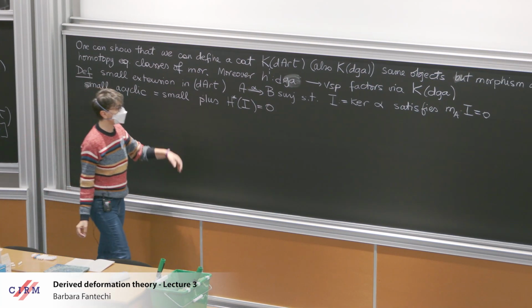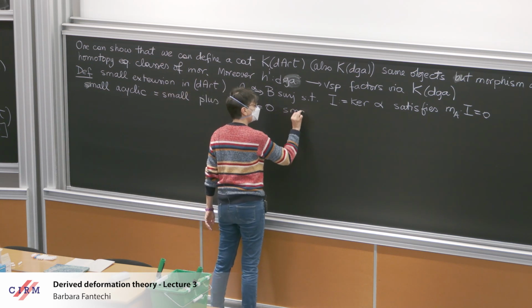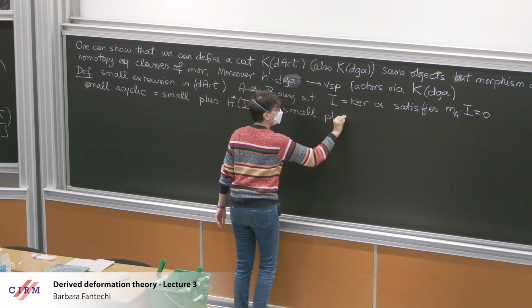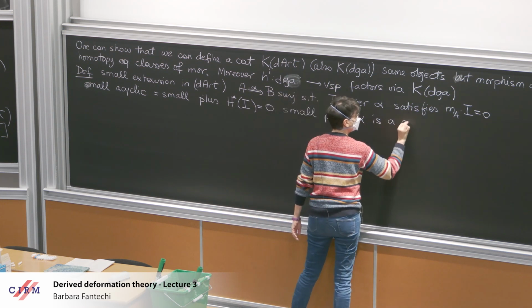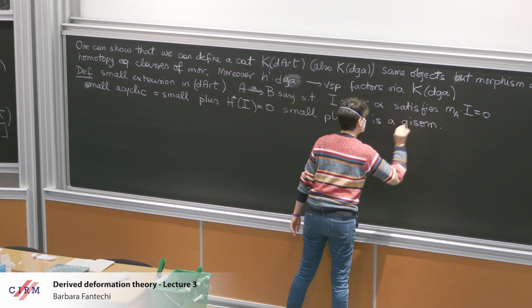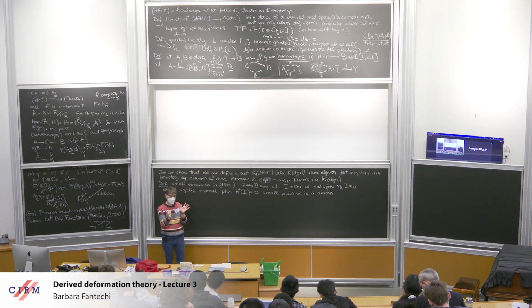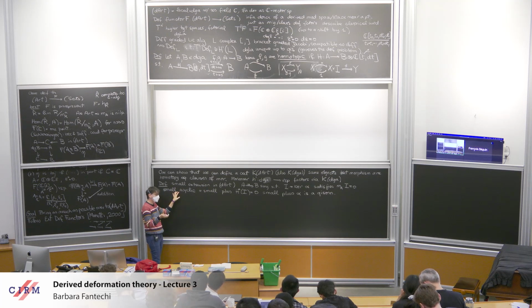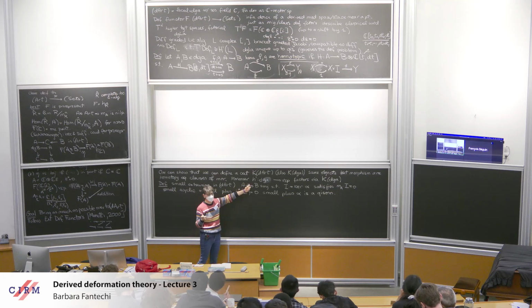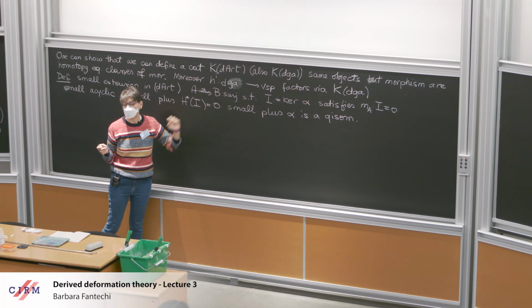Or in other words, small plus alpha is a quasi-isomorphism. So what used to be one condition, this basic block of understanding deformation theory, which was small extensions, now comes in two ways, where this one says basically that the kernel is close to being 0, is homotopically 0. So in this case, we really expect no change from A to B.